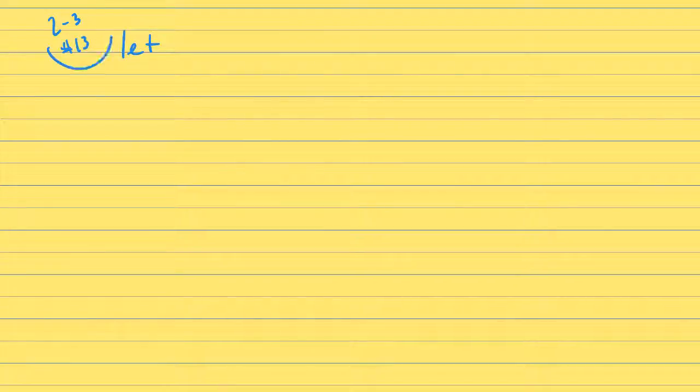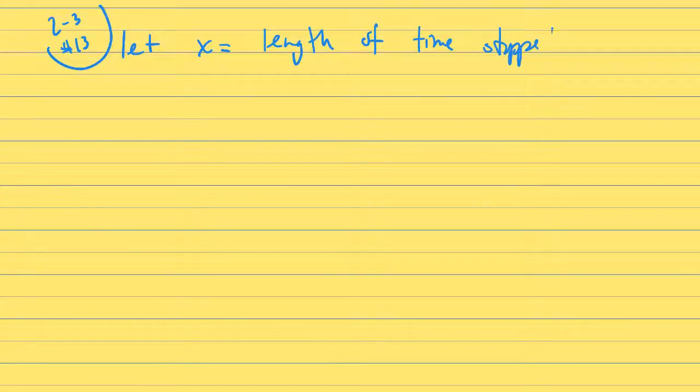Let x equal the length of time stopped per station, or per stop. I know it sounds annoying, but yes, the length of time stationary per stop. Not the total sum of them, but each individual stop. And again, we're stopping 6 times, and it's a 21-kilometer run.